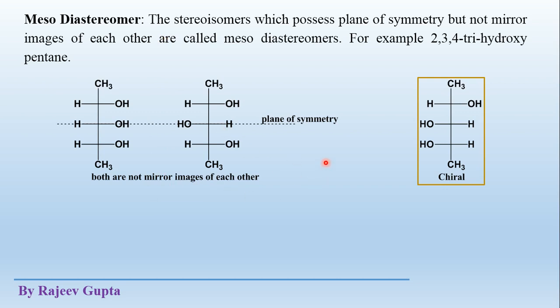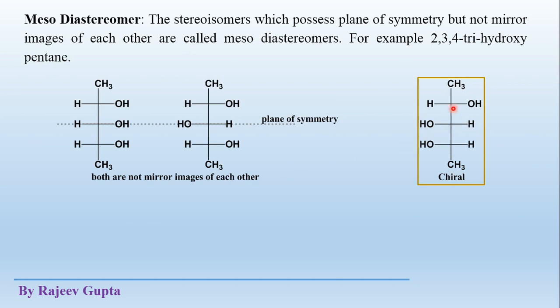Now a different stereoisomer is also possible, where one OH group is situated on one side and the other OH group on the opposite side. This molecule becomes chiral because the plane of symmetry is lost here.